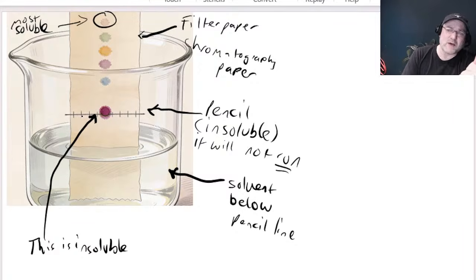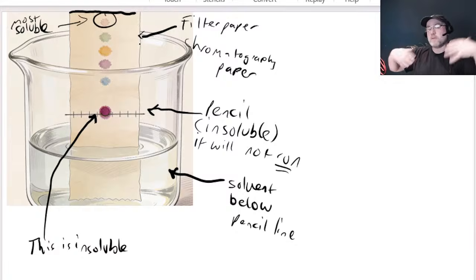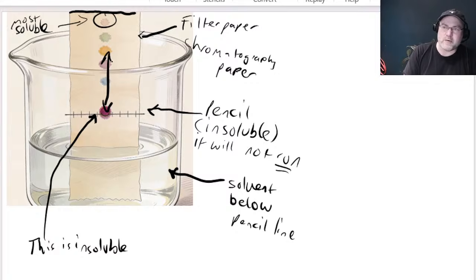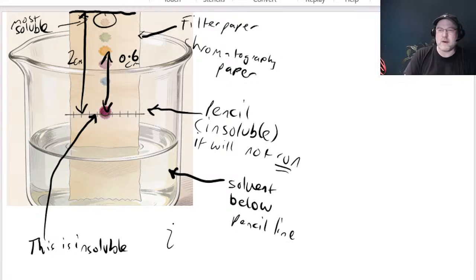And then you need to know how to calculate the RF value. Hopefully you all know that. You take your paper out before it reaches the top and you draw a line called the solvent front. And you divide the distance that your particular color you're looking at has moved. So if the solvent, the water in my beaker, moved 2 centimeters and the orange moved, that looks over halfway, so I should probably say 1.5 centimeters.